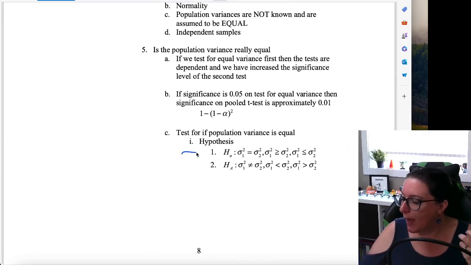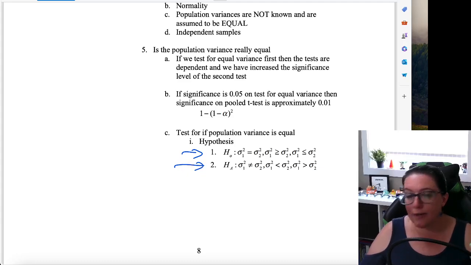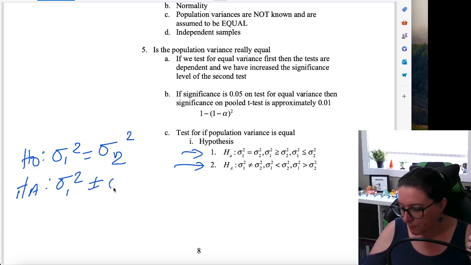And you see how we had that the null hypothesis is that they are equal in their variability, and the alternative hypothesis is that they are not equal. So the test here is sigma 1 squared equals sigma 2 squared. The alternative is that they are not equal.